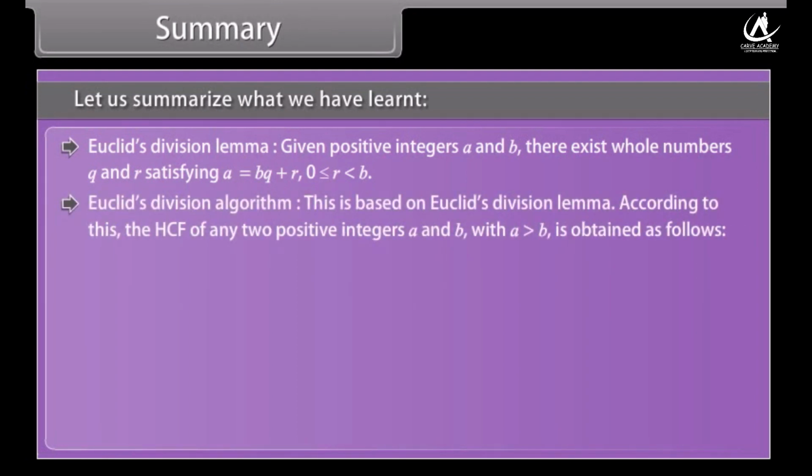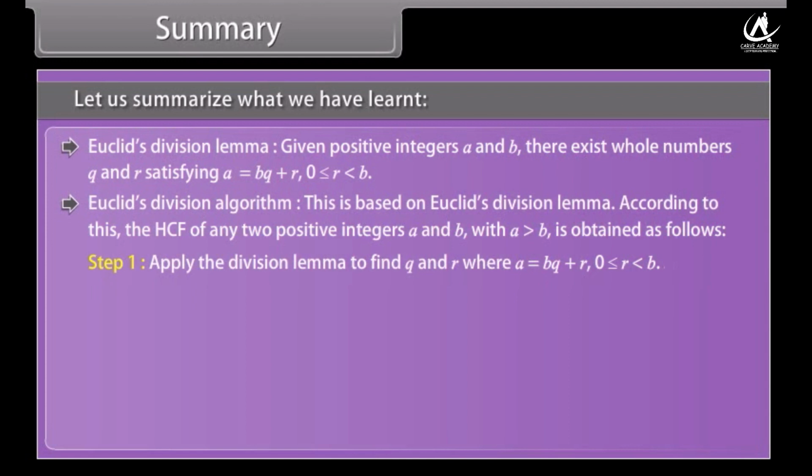Euclid's division algorithm is based on Euclid's division lemma. According to this, the HCF of any two positive integers a and b, with a greater than b, is obtained as follows. 1. Apply the division lemma to find q and r, where a = bq + r, 0 ≤ r < b.